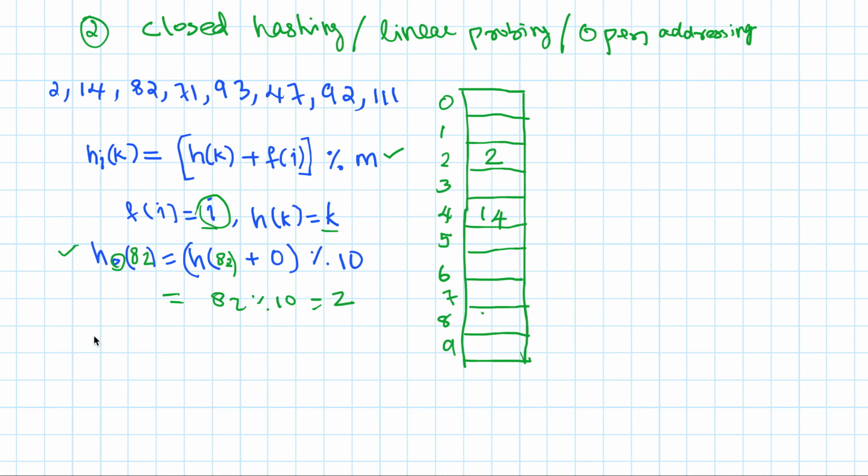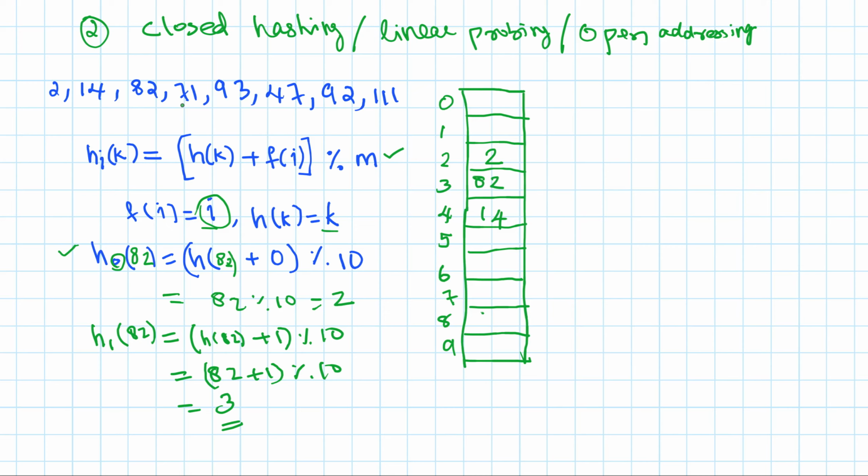So what we will do, we will find h1 of 82, that is, we are trying it for the second time. So you will have h of 82 plus 1 modulo 10. So this will be 82 plus 1 modulo 10, or 83 modulo 10, equal to 3. So we will just check whether 3 is free. So we will insert the number 82 at this location 3.